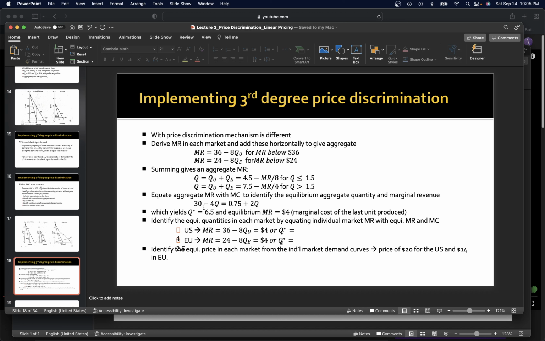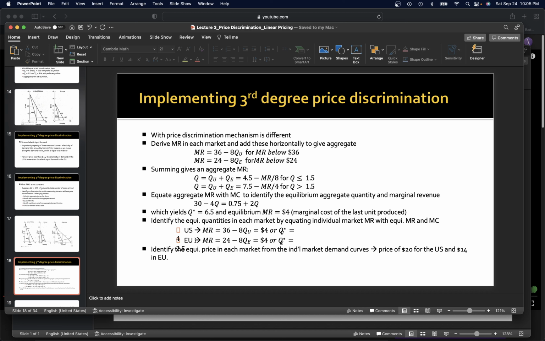So here you would have 30 minus 4Q, which is your marginal revenue, equals 0.75 plus 2Q, which is your marginal cost, which yields 6.5 as your quantity and the equilibrium marginal revenue, which is 4. So identify the quantities in each market by equating individual marginal revenue with equilibrium marginal revenue and marginal cost.